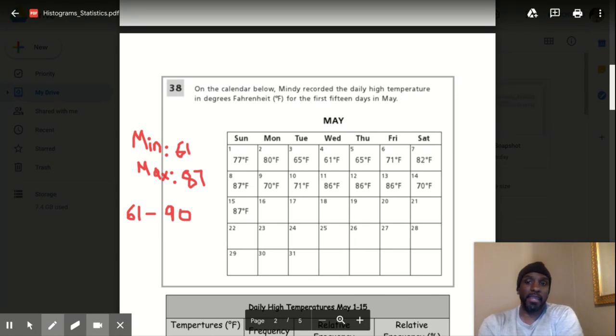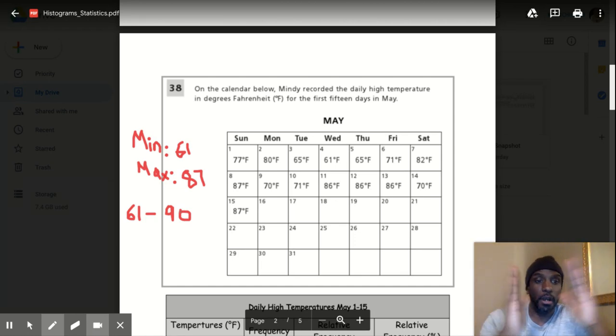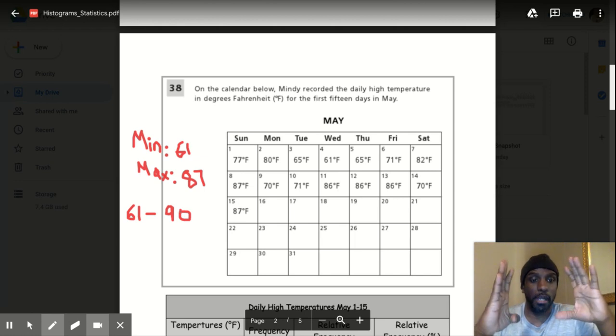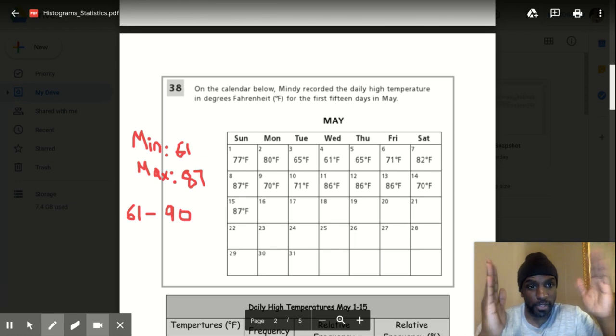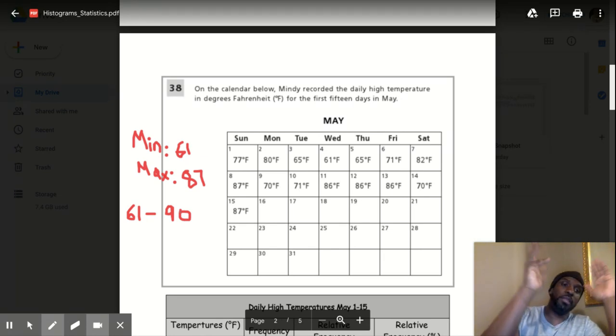And I could divide 30 evenly by what? Remember, I told you how to determine your intervals. You take your range divided by the width of your intervals. What is the width you want your intervals to be? That will tell you how many intervals you're going to have.